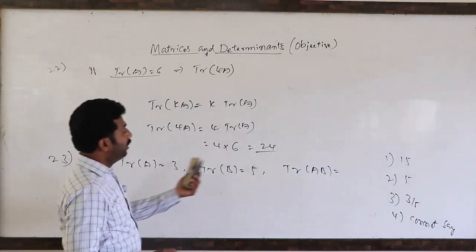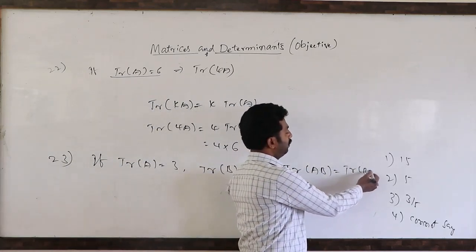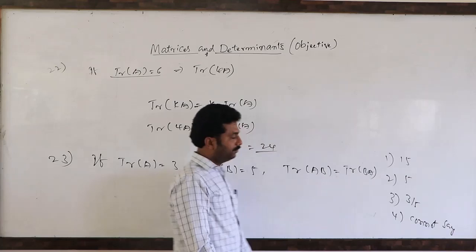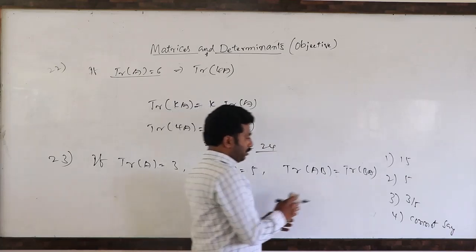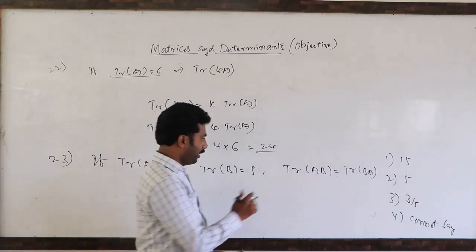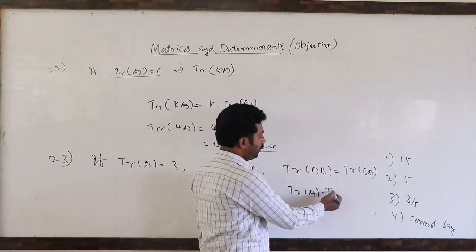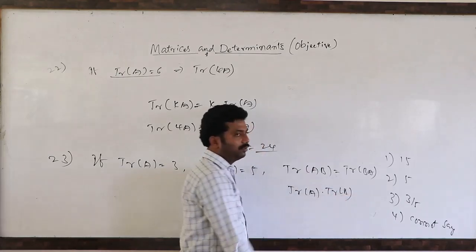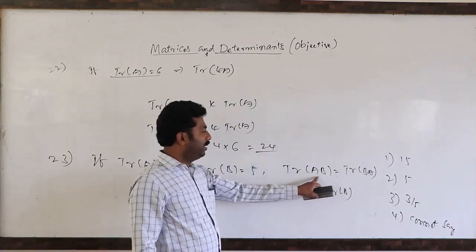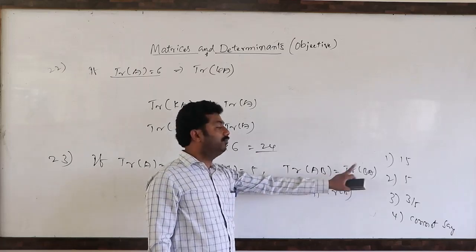Trace of AB is nothing but trace of BA. Trace of AB equal to trace of BA, that is okay. But trace of A into trace of B, this is wrong, because for trace of AB we cannot write trace of A into trace of B, but we can write trace of BA.